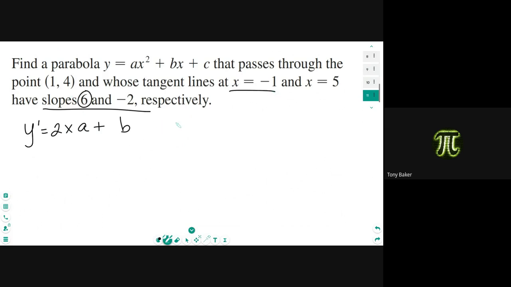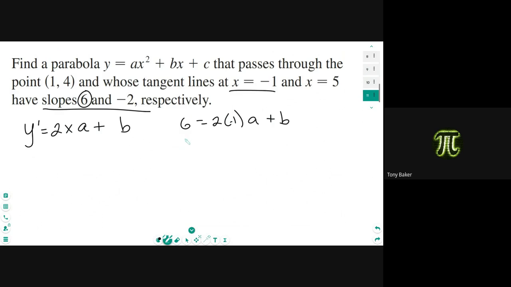So let's plug that in. So 6 equals 2 times 1, a plus b. That's because derivative is slope, so that's 6. And it's at negative 1, not positive 1.